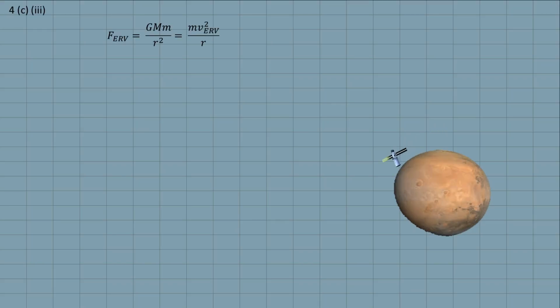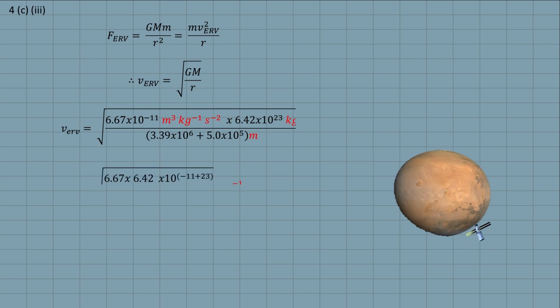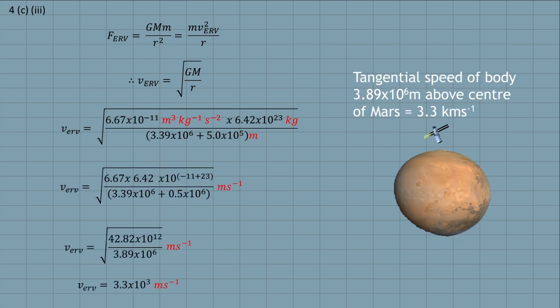So it doesn't depend on the mass of the vehicle, the velocity, as is often the case. Put your values in and you get 3.3 times 10 to the 3 metres per second, or 3.3 kilometres per second. And that's the speed of a vehicle at that height above the surface of Mars, and it will be the same for all vehicles at that height, irrespective of their mass.